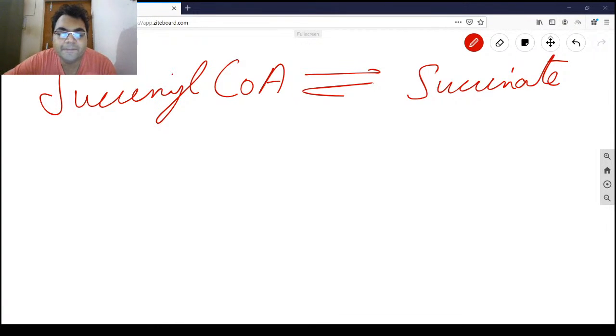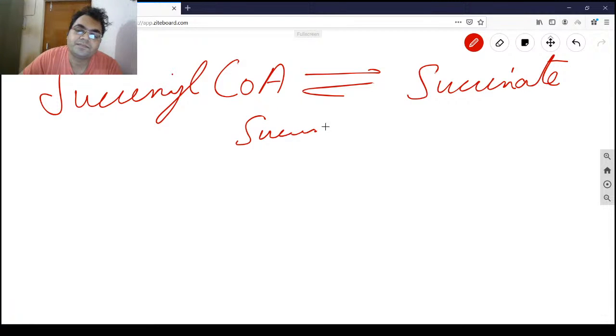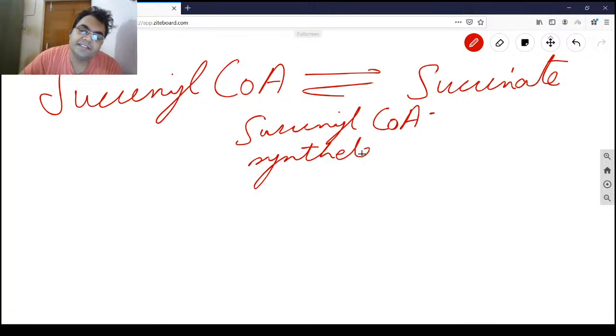The enzyme that is used is succinyl CoA synthetase. That is the enzyme that is used.